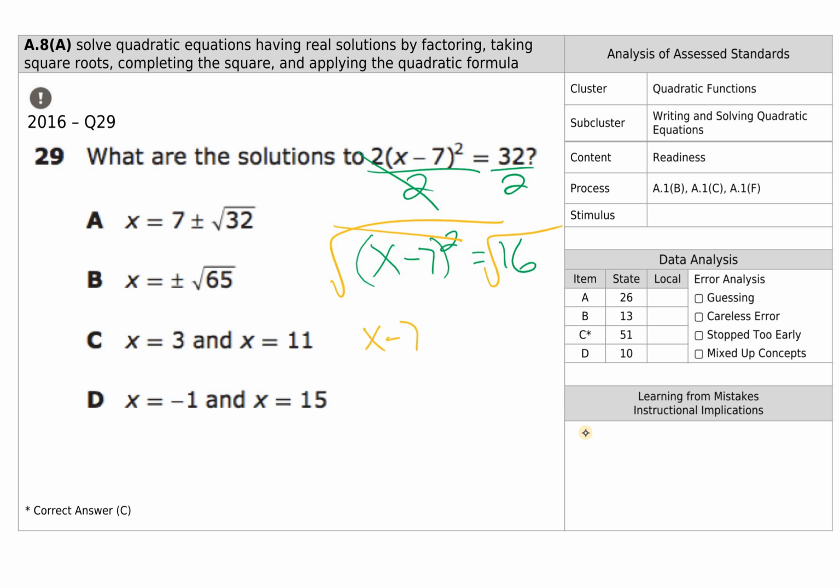X minus 7 is equal to, the square root of 16 is positive or negative 4. We do the inverse to get rid of minus 7. We add 7. X is equal to both a positive 4 plus 7, and x is equal to a negative 4 plus 7. X is equal to 11, and x is equal to 3. The answer is C.